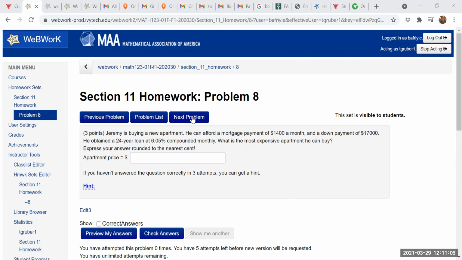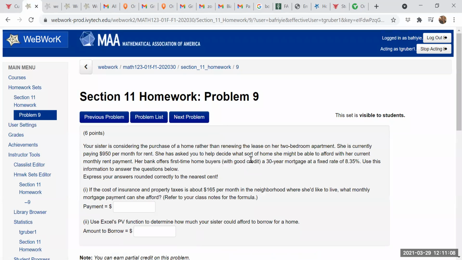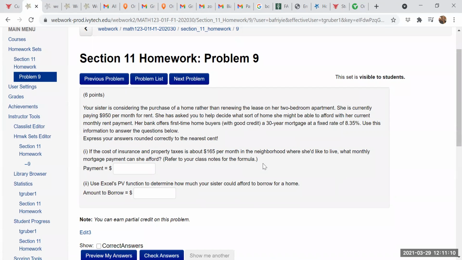So problem number 9, here you have to look at page 144. There's a formula that talks about this, page 144 of your test.